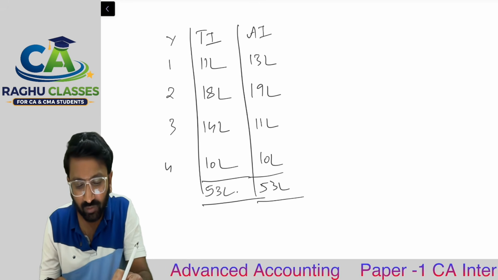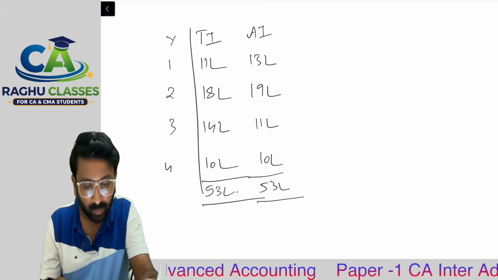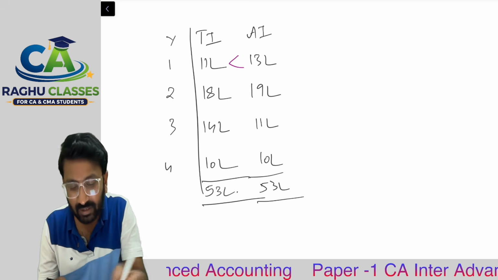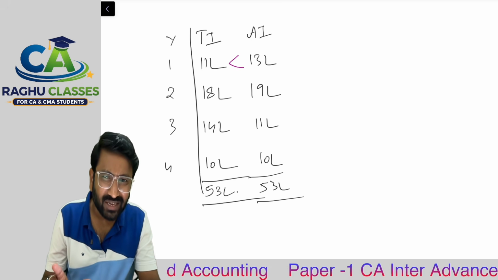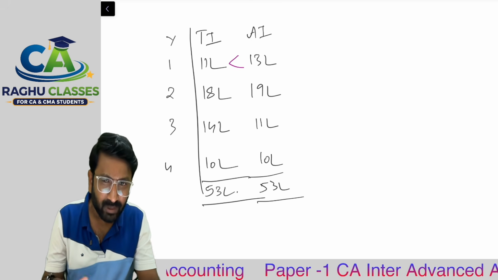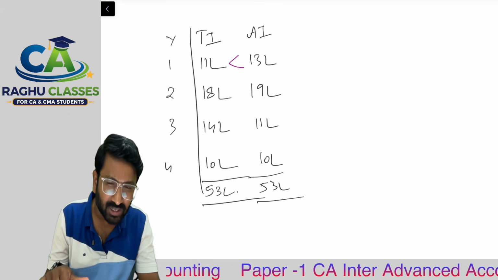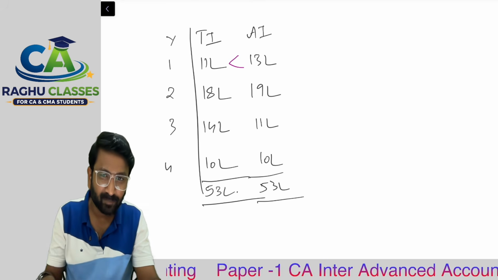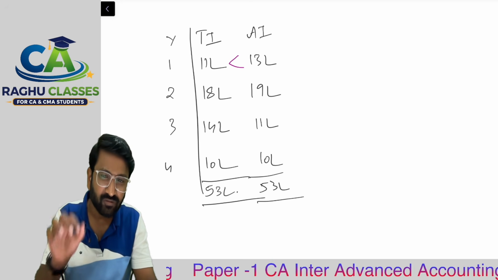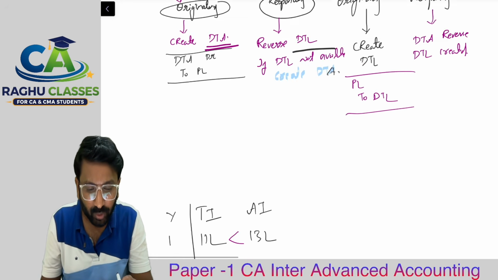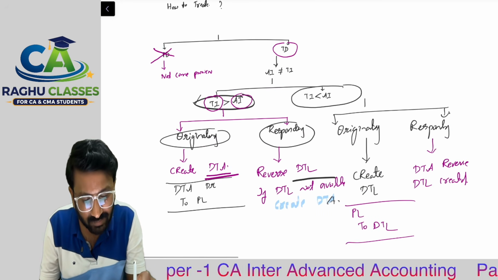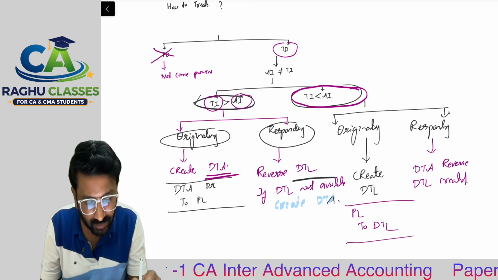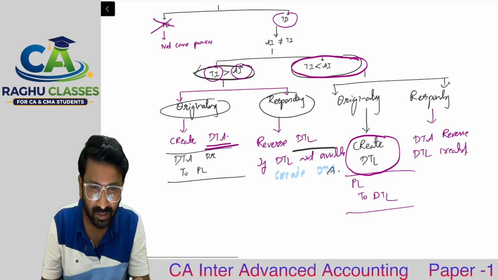Now, if you look at year number one, my taxable income is lower. Since my taxable income is lower, I'll be paying low tax now, which means I have to pay more tax in the future. And this is an originating difference. In case of an originating difference, if your taxable income is lower, you have to create deferred tax liability.